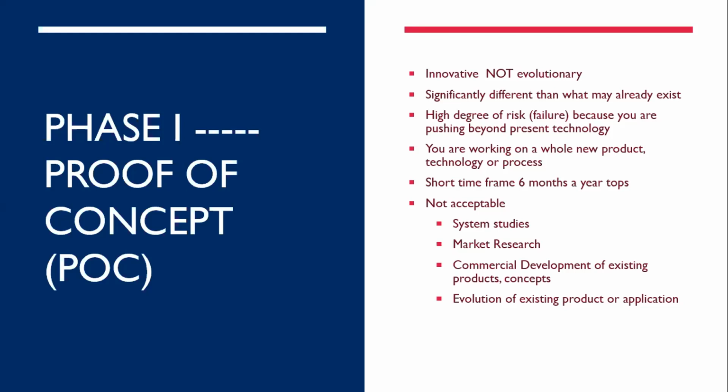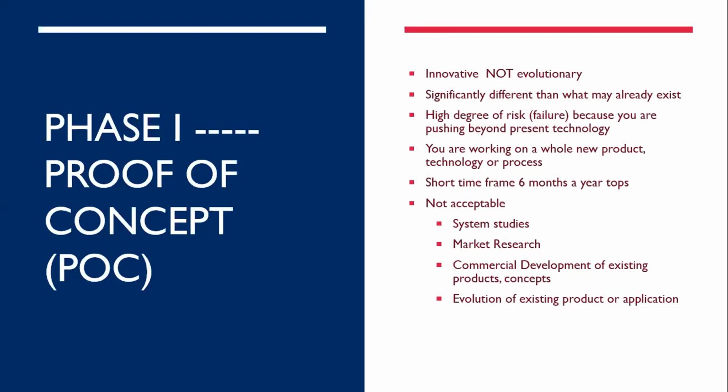It needs to be significantly different than what may already exist. It needs to have a high degree of risk or failure because you're pushing beyond present technology. You're working on a whole new product, technology, or process. Phase ones oftentimes have a very short time frame, 6 months to a year at tops, for you to prove your concept.